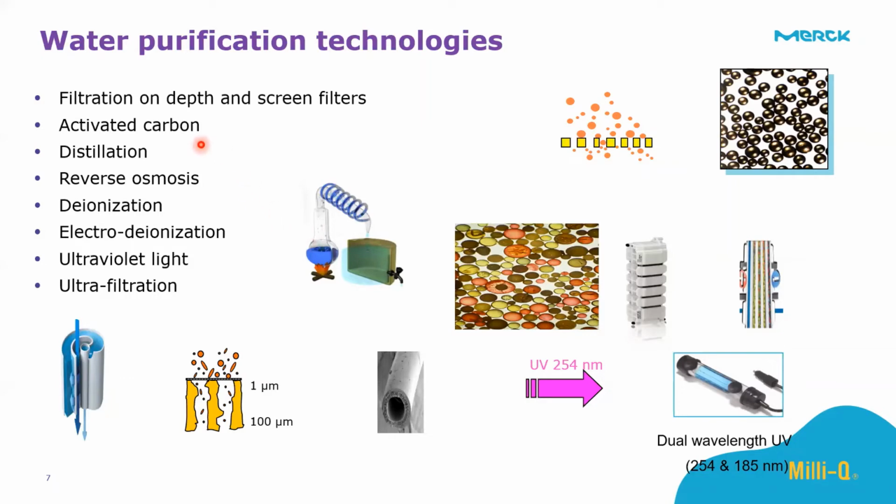We also have activated carbon as one of the media of purification, reverse osmosis, which is actually widely used, and deionization using ion exchange resin. We also have electrodeionization, and ultraviolet light, which is mainly for bacteria control and growth control and also breaking down the organics.